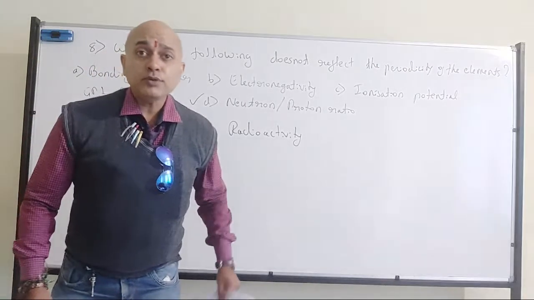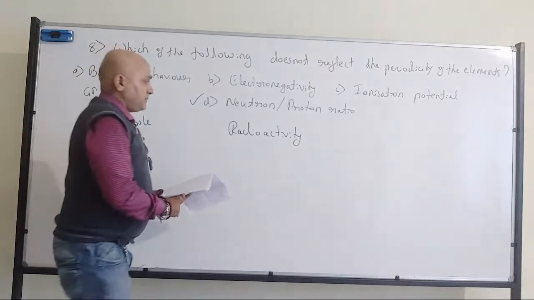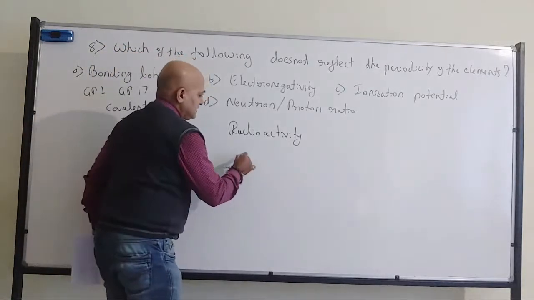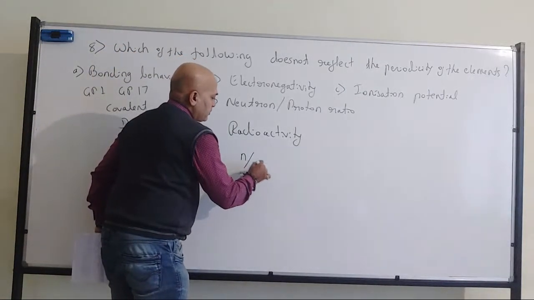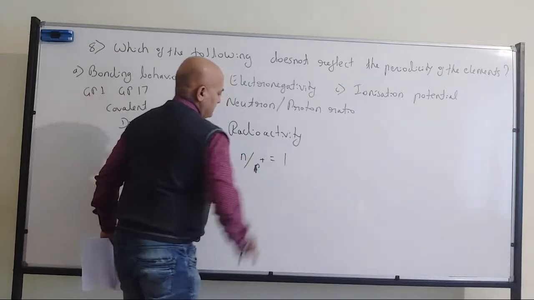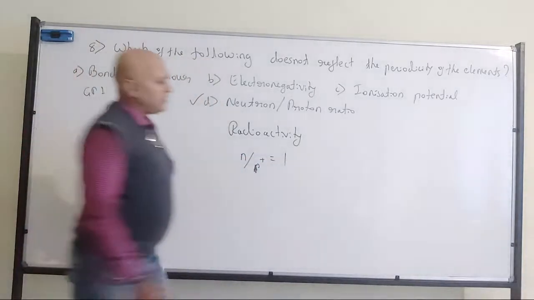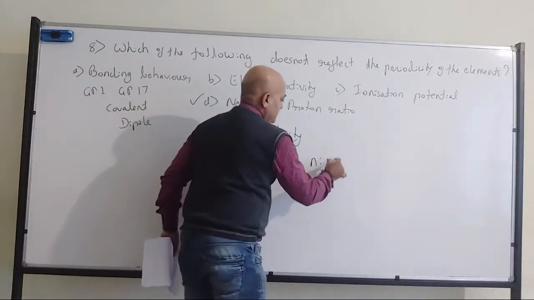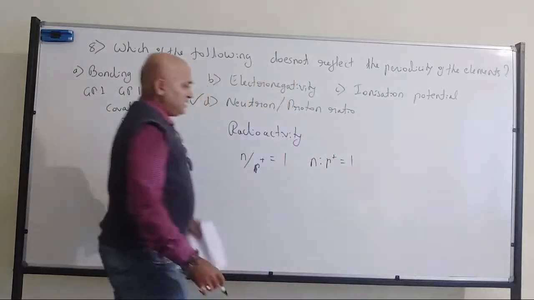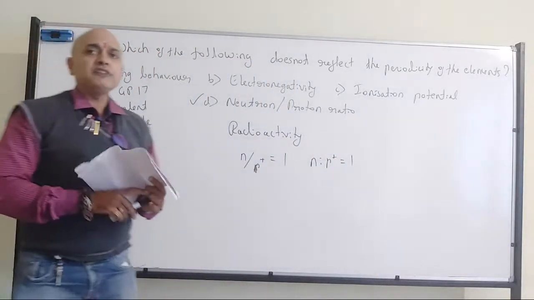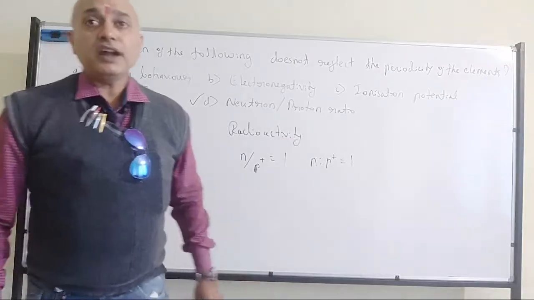If the neutron-proton ratio is equal to 1, unity, then normally the element will not be radioactive. They cannot be radioactive.